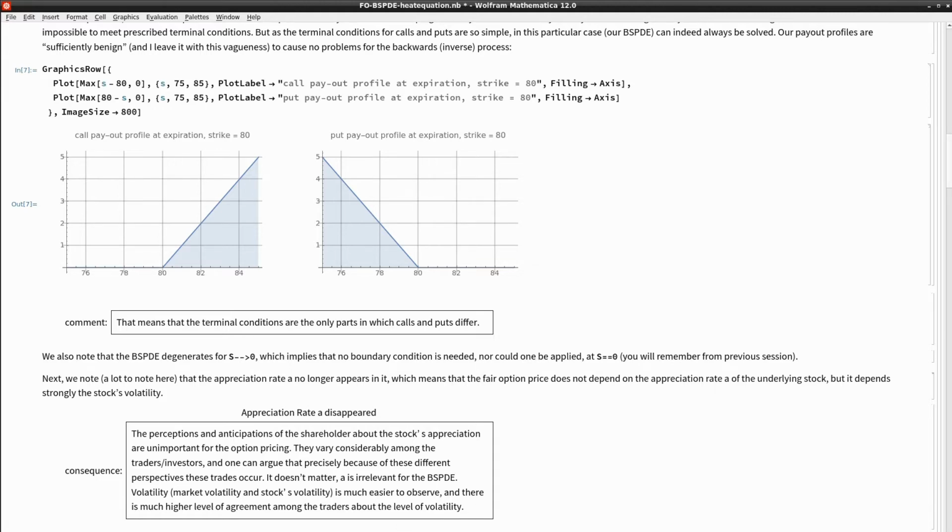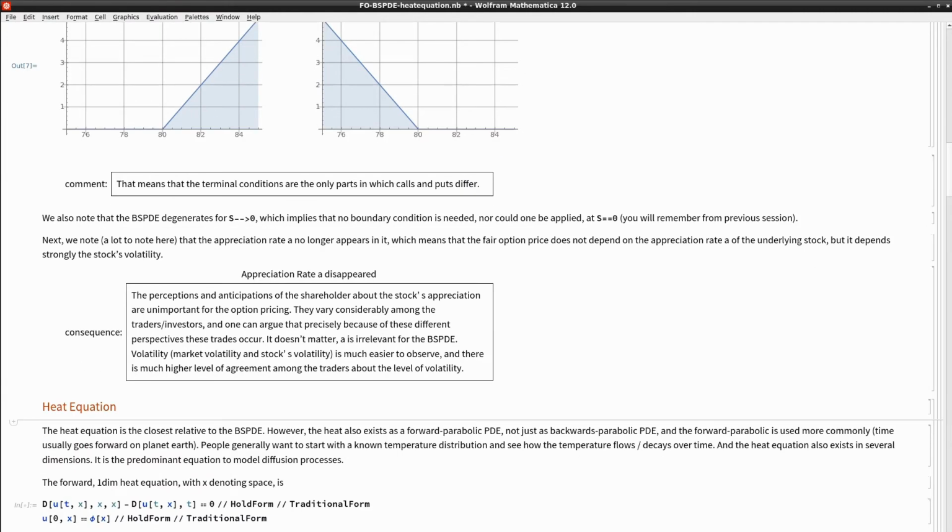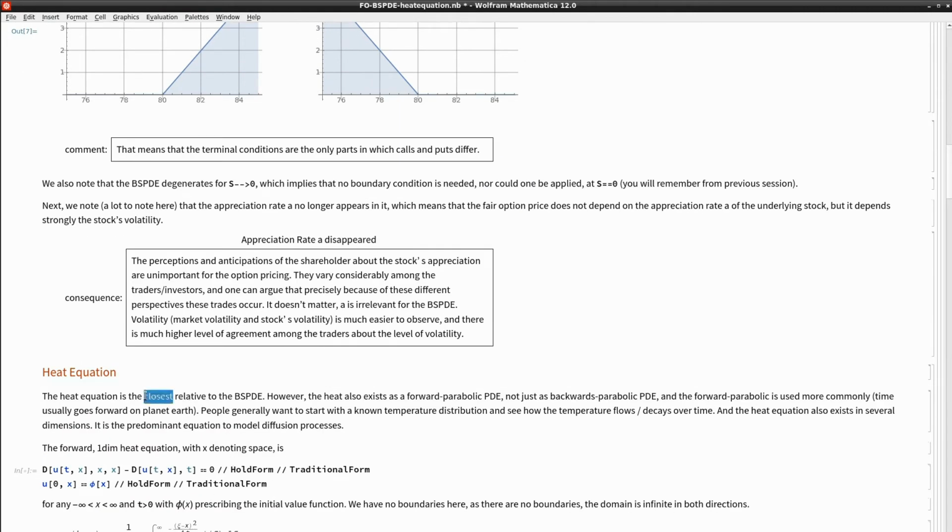Okay, so that brings me to the heat equation. It is the closest relative to the BSPDE. However, the heat equation also exists as a forward parabolic PDE, not just as a backwards parabolic PDE, and the forward version is used much more commonly.